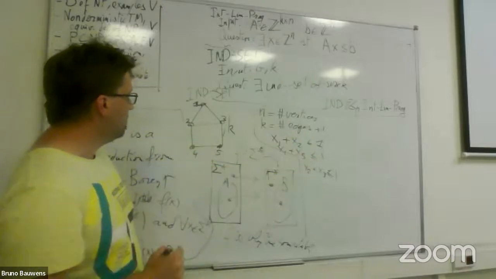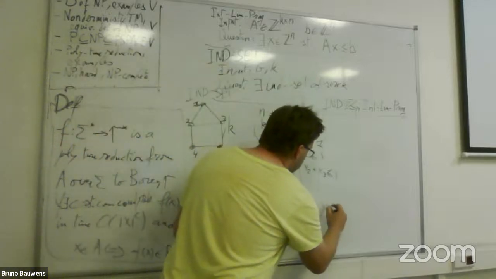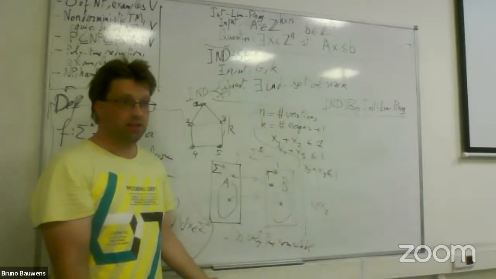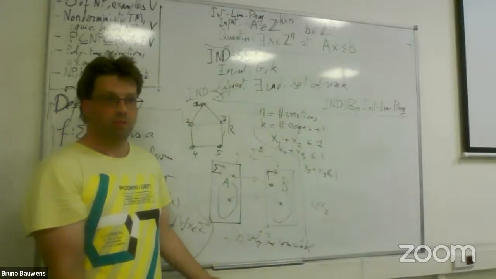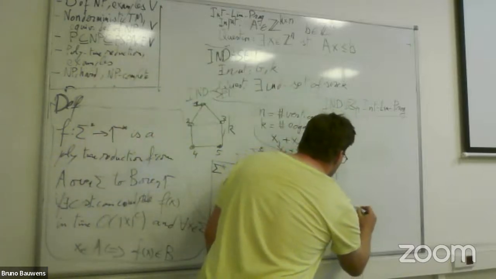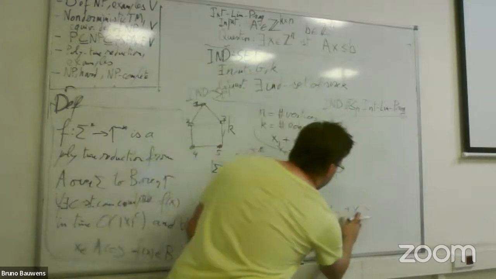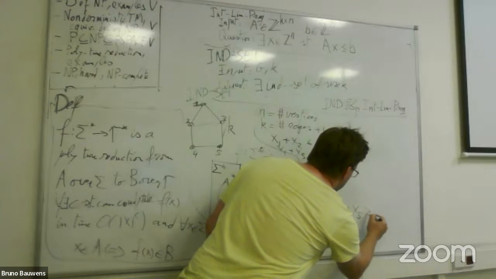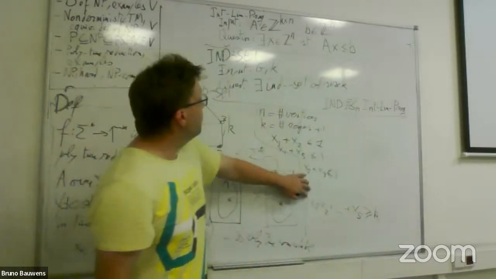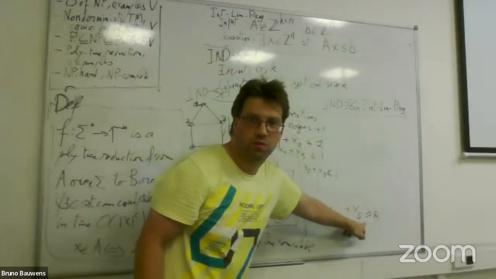And we get 1 more because we require that the sum of all x's, x1 plus and so on up to x5, is at least k, because we need k elements in the independent set. This is of the form that we are given, but the last inequality is greater than. So how do we solve it?